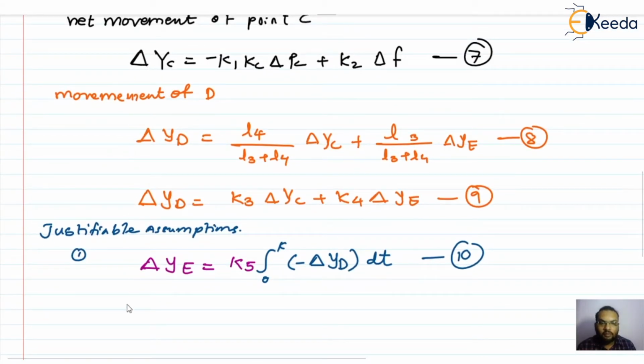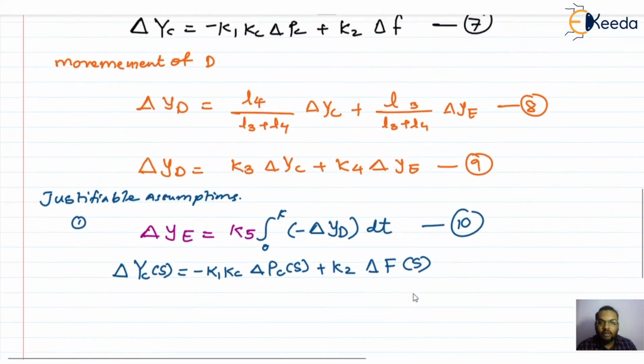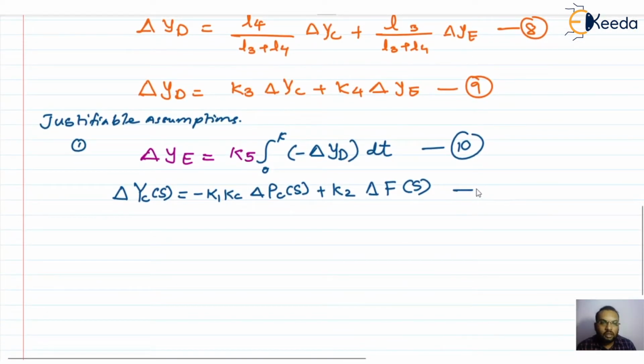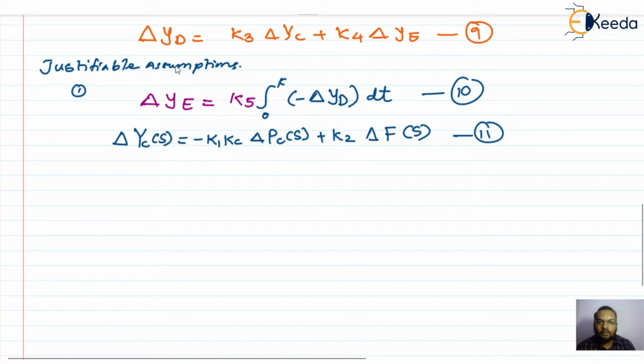So it will result in delta YC of s equal to, see, constants remain as they are in the Laplace, minus K1 KC into delta PC of s, plus K2 remains as it is, delta F of s. This is the Laplace of equation number 7. Call this equation number 11. Now we'll take the Laplace of equation number 9.